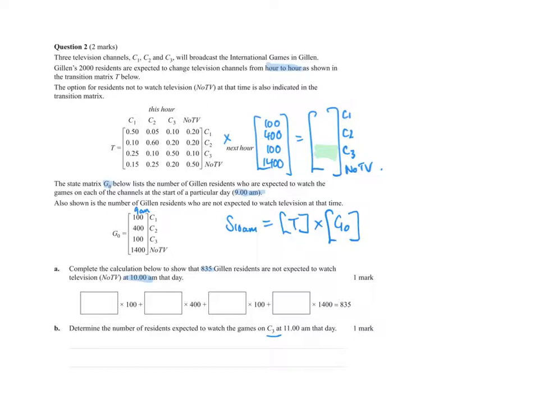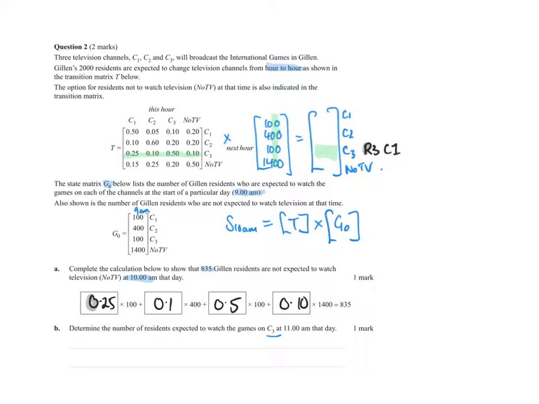If you look at this spot, I'm in row 3, column 1. So that's what was multiplied to get that row 3 with column 1. It would have been 0.25 times 100, 0.1 times 400, 0.5 times 100, and 0.10 times 14. If you add all that up, hopefully it would get to 835.